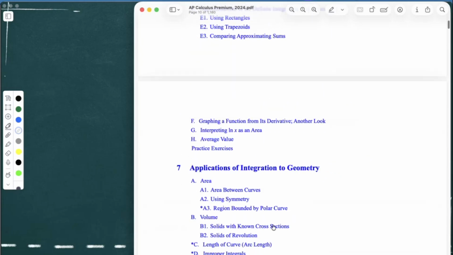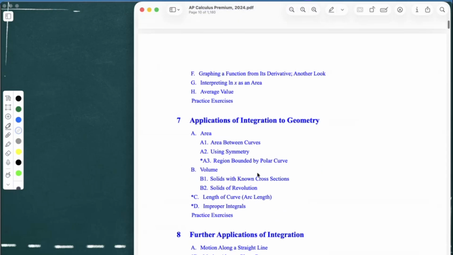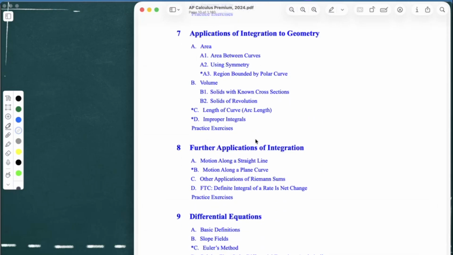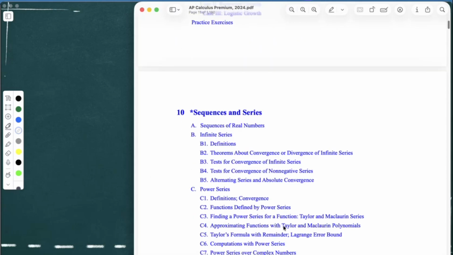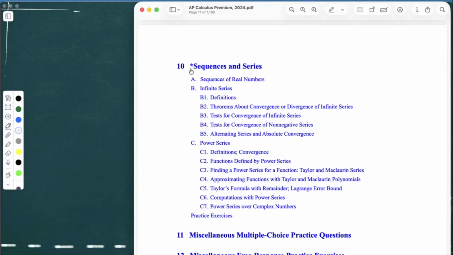The application part is going to be the important part where you will learn area and volume using different techniques. Further application of integration, differential equations, slope fields, what is the meaning, Euler's method. These topics with the star mark, you can see, are going to be used in BC calculus.